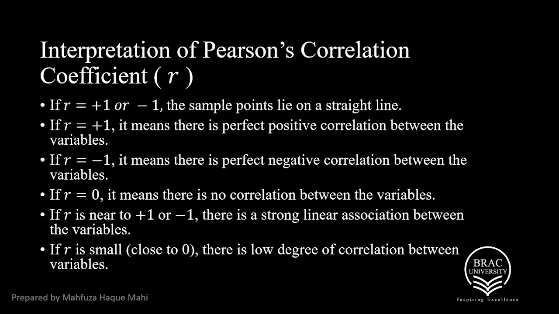If r equals 0, it means there is no correlation. If r is near to +1 or -1, it means there is a strong linear association between the variables. This implies that there is high degree of correlation between variables. If r is small or close to 0, it means there is low degree of correlation.